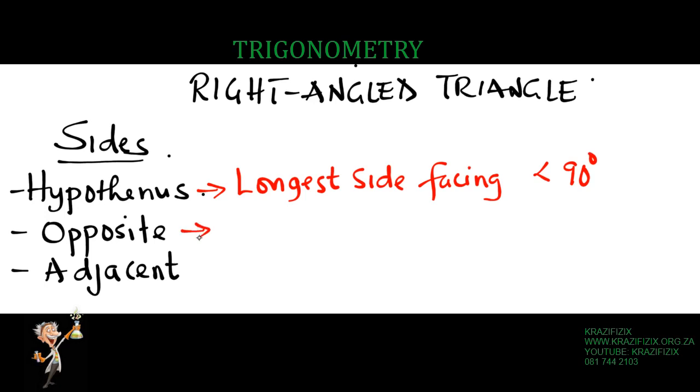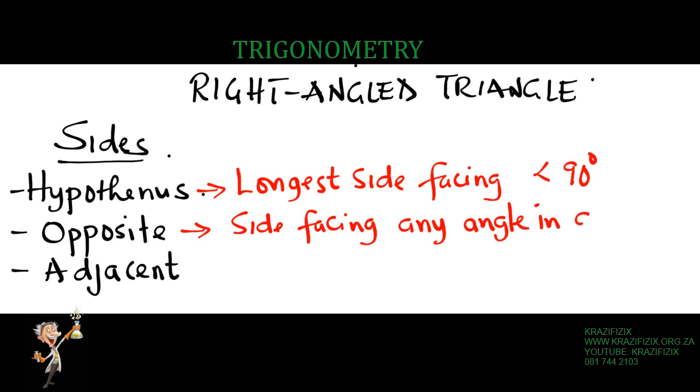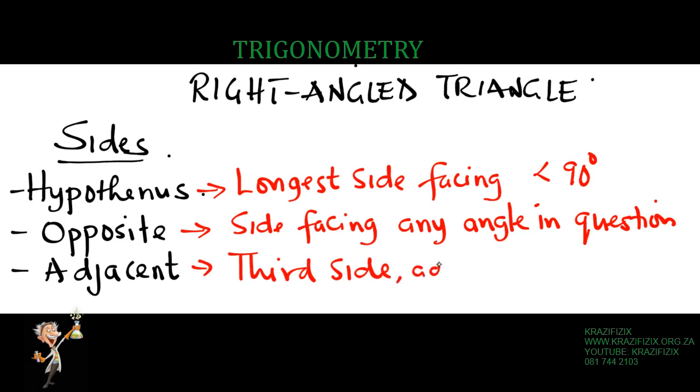The opposite side is the side facing any angle in question. And the adjacent side is simply the third side, close to the angle.